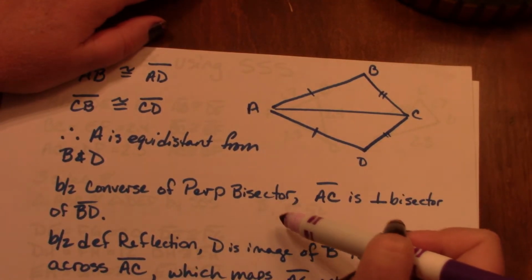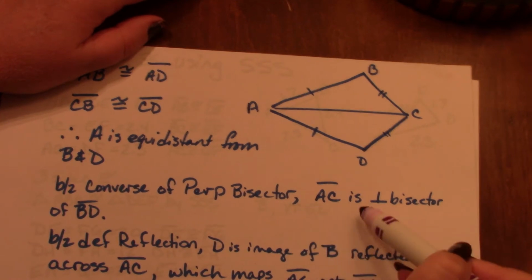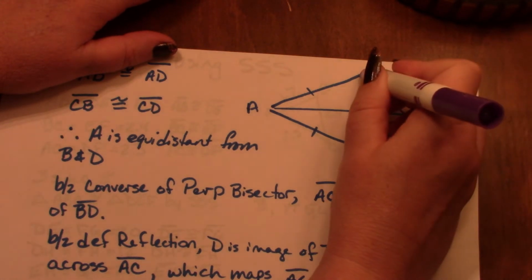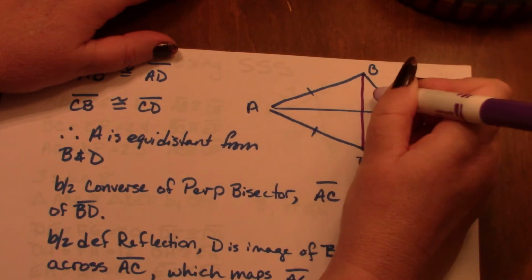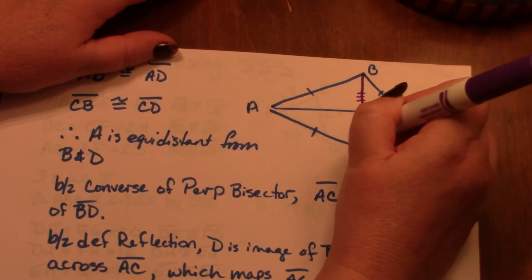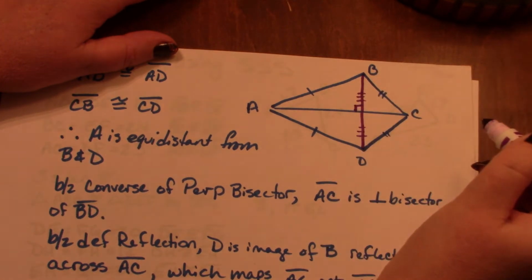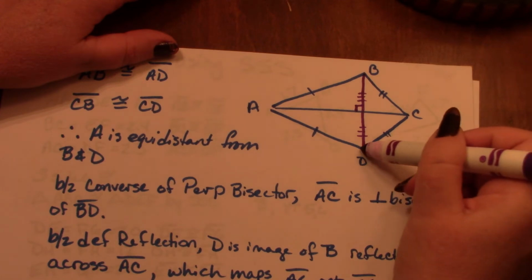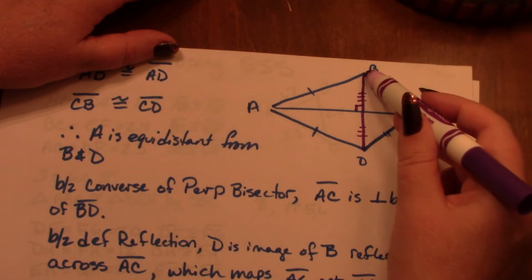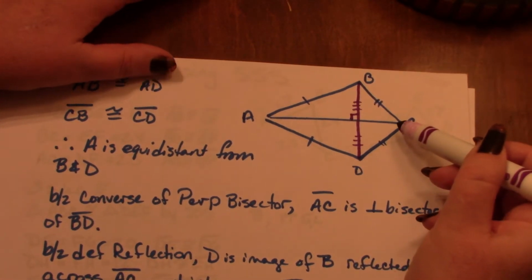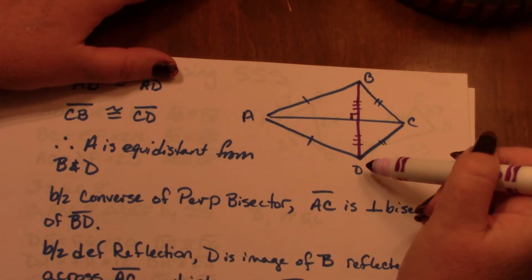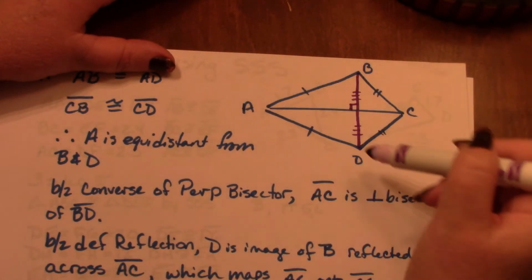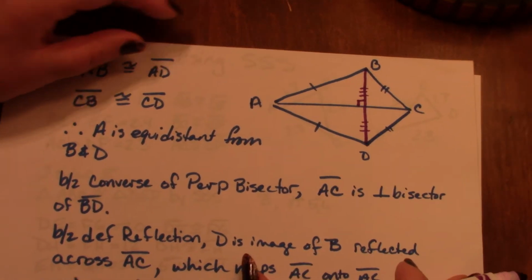Because of the converse of the perpendicular bisector theorem, line AC is the perpendicular bisector of line BD, which means that, and that, and that. And because of the definition of reflection, D is an image of B reflected across AC. And when you do this reflection, AC maps onto AC, which makes triangle ABC congruent to triangle ADC.